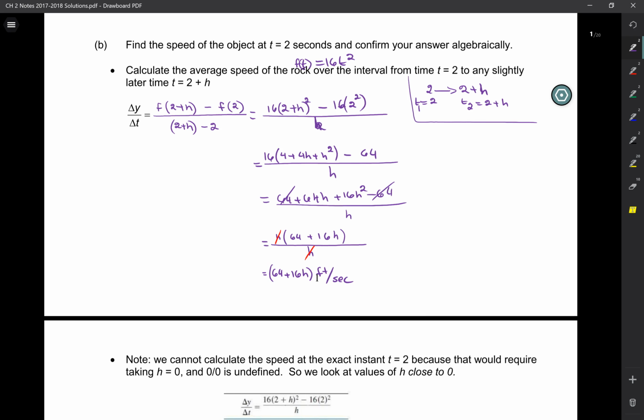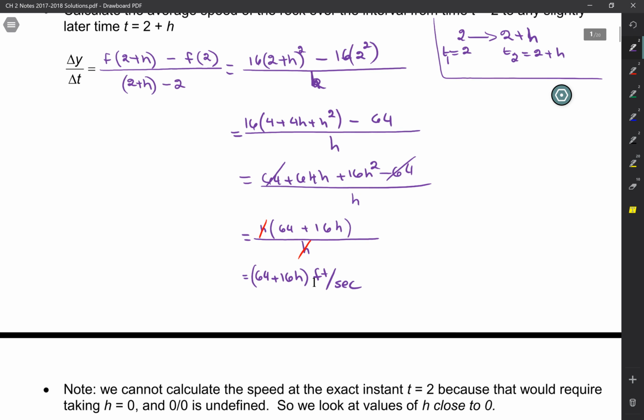You will find that the higher up you go in math or physics, the fewer numbers you will have, the more variables you will have. Okay? So 64 plus 16h stands for speed. It's got to have a unit of speed.